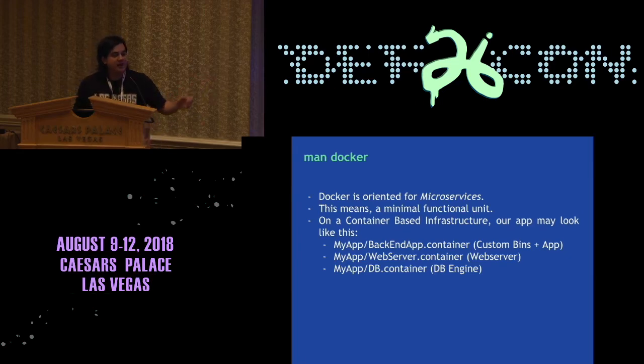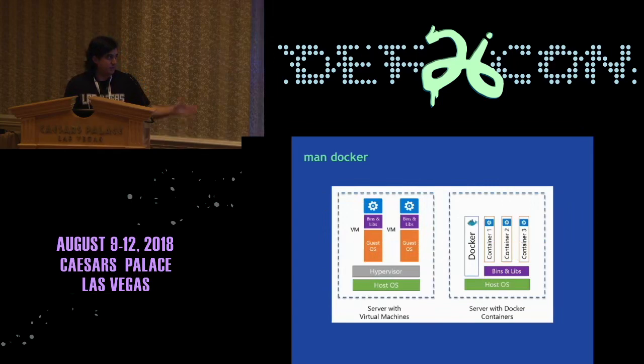And the DB container might have just a DB engine, and it might not even hold the databases themselves, the data files. Here we have a comparison. As you may see, you're just using your custom things, your custom application, your custom binaries, your custom libraries on your container. Everything else, the userland, is shared across all the containers.